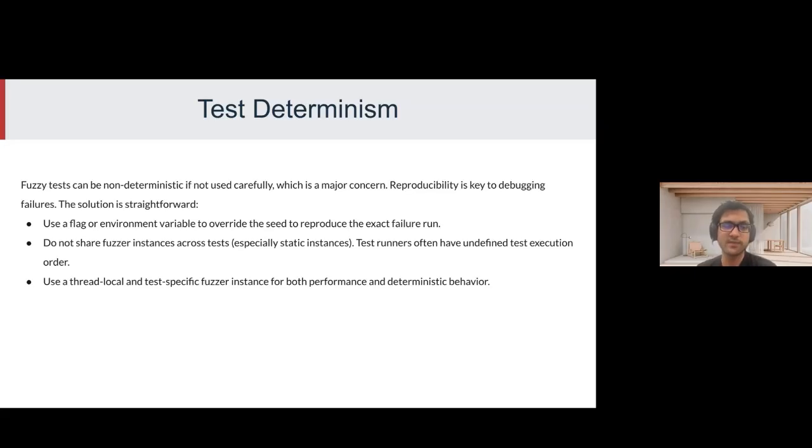So using different fuzzy factories in different tests and different threads is often a good idea. Thread-local fuzzer factories can also help avoid contention on the random number generator and lead to better determinism, because often contention can change the values that go into the random test.